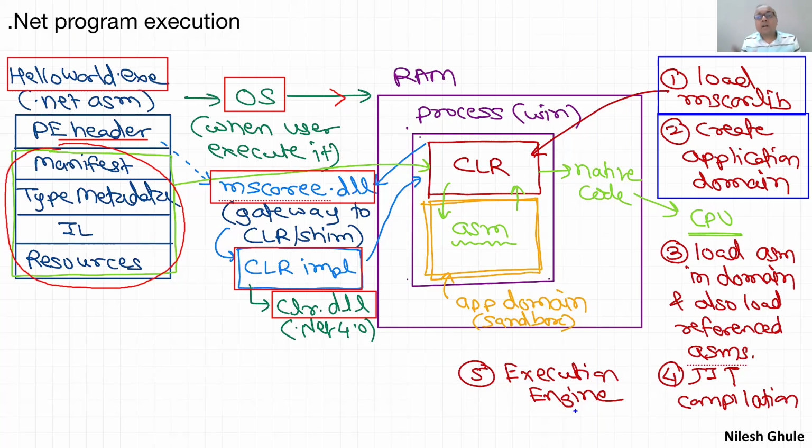I repeat, the application domain is nothing but an isolated environment created inside a Windows process to execute the .NET application. This particular application domain, or app domain, as you call it, is always created for every .NET Framework application.